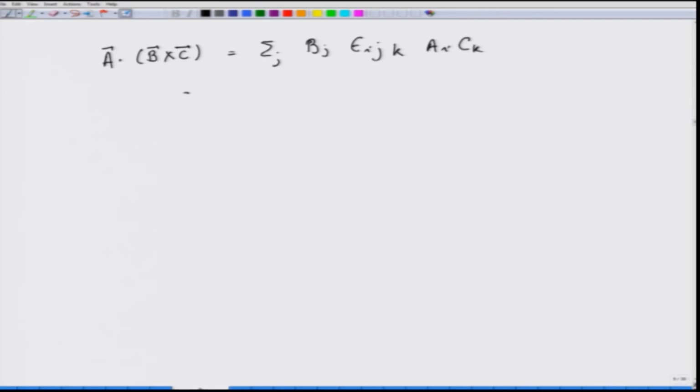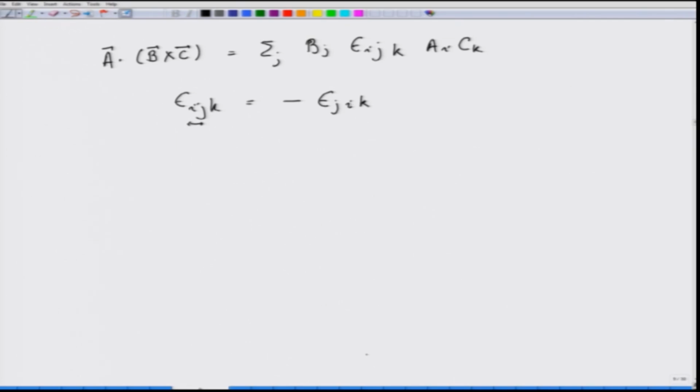I am now going to use another property of epsilon_ijk, which I did not say in the beginning: it is always minus epsilon if I switch two of the indices, j and i.